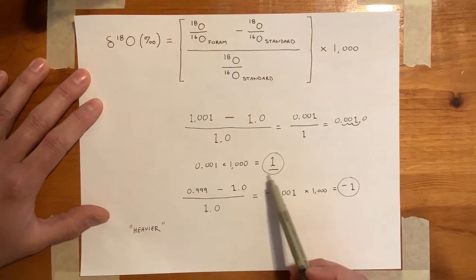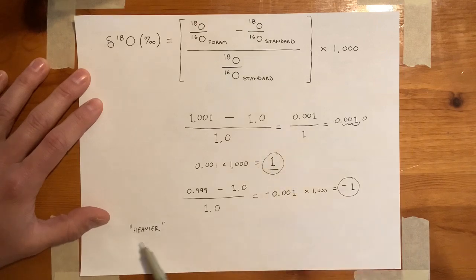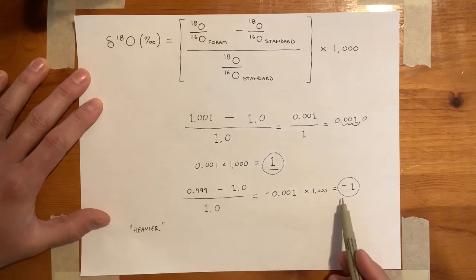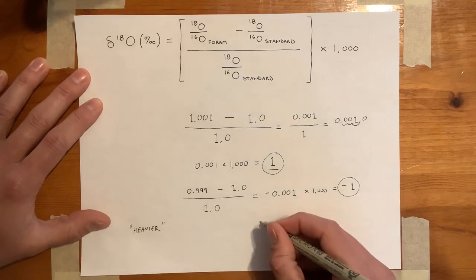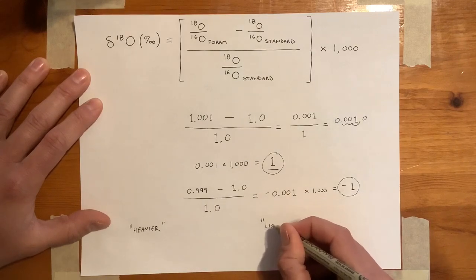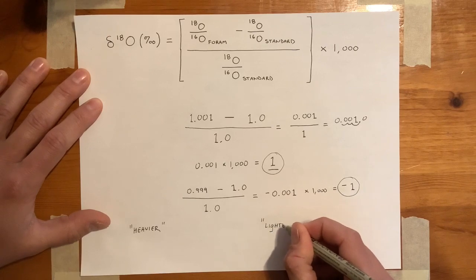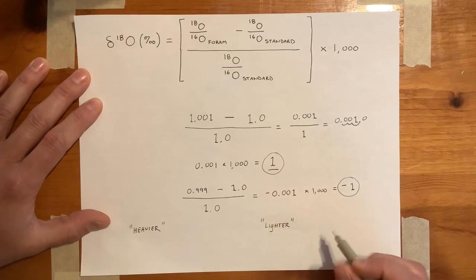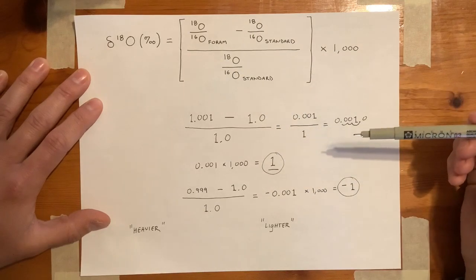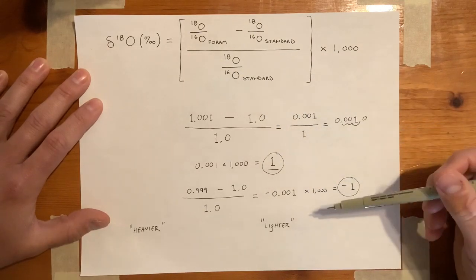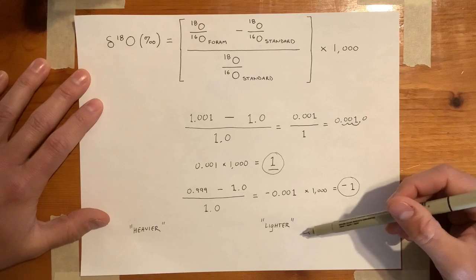So increasing delta 18O values we can think of as becoming heavier, and decreasing delta 18O values we can think of as becoming lighter, because they have less oxygen 18 in them. So they are becoming isotopically lighter.